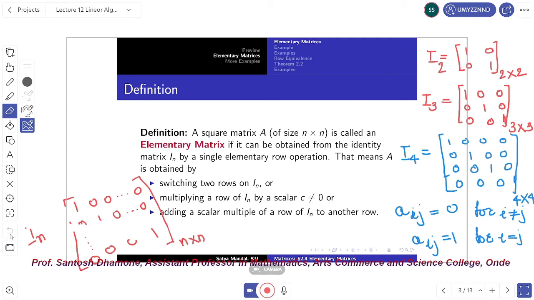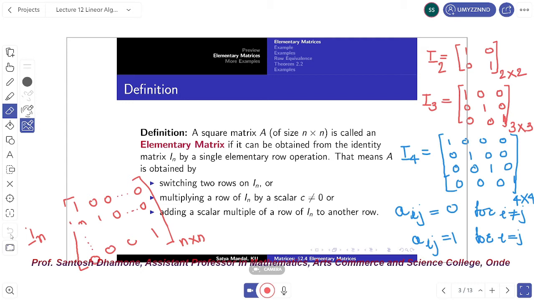Similarly, we obtain an elementary matrix from I3 by multiplying R1 by minus 3.